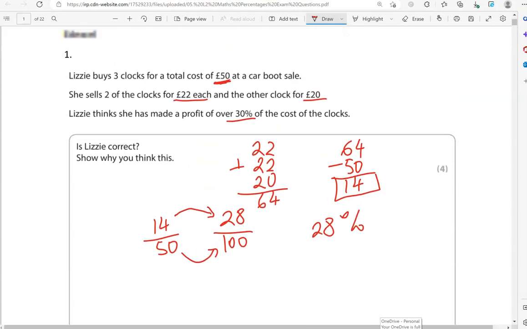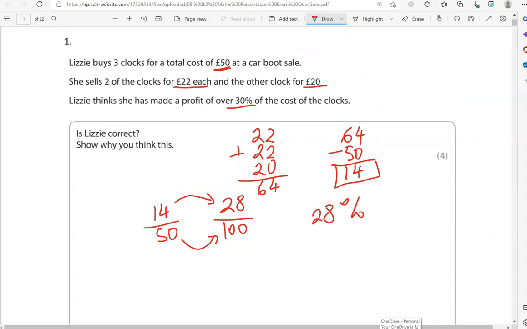Okay, the other way that I mentioned at the beginning would have been to work out 30% of the £50. 10% is 50 divided by 10, which gives us 5. So 10% of 50 is equal to 5. 20% will be double that, so that is 10. 30% will be 15 pounds.